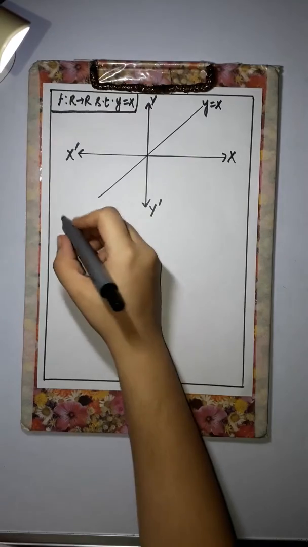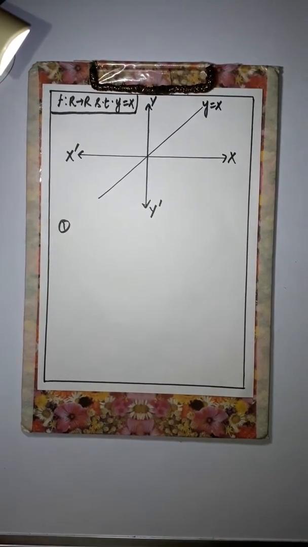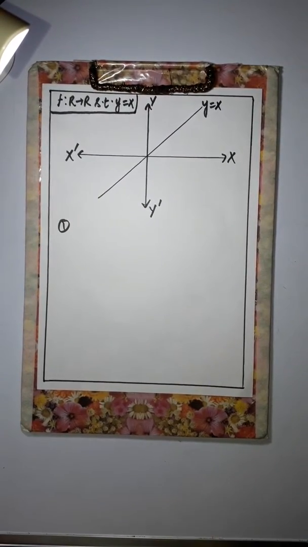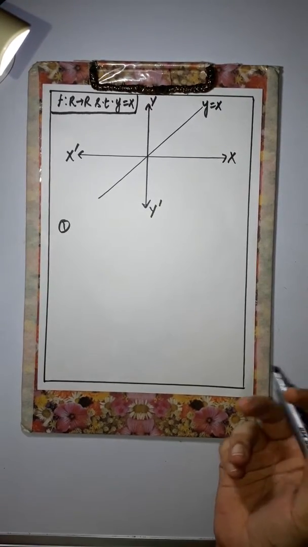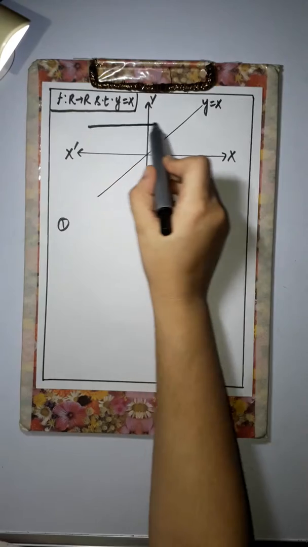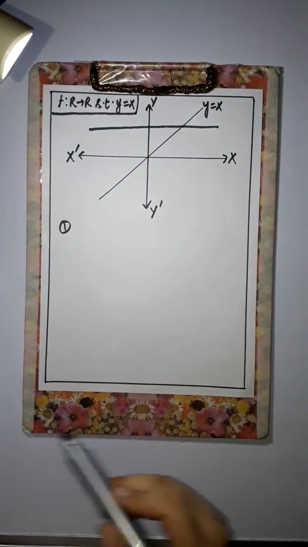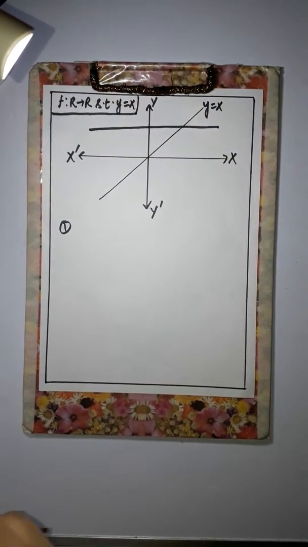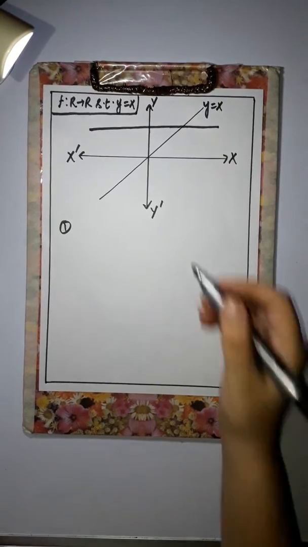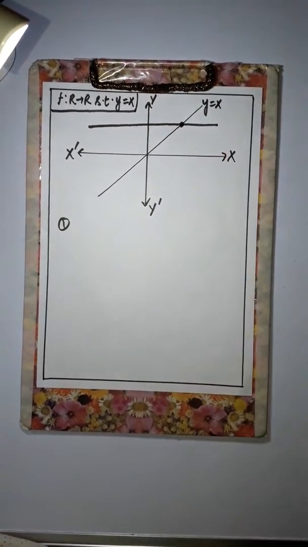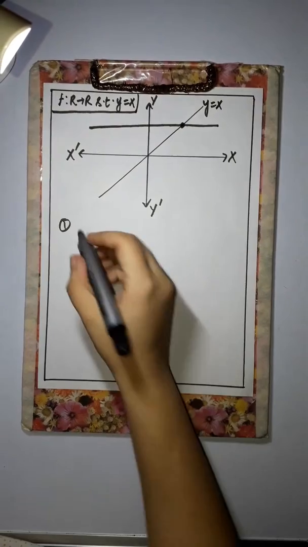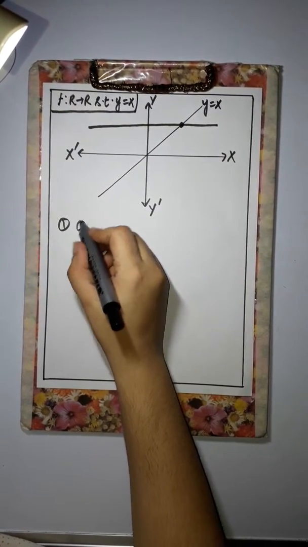Number one point to be noted here is that if we draw any horizontal line on the graph of the line, suppose we have drawn this, it clearly implies that these two will intersect at only one point. So this implies that this is a one-one function.